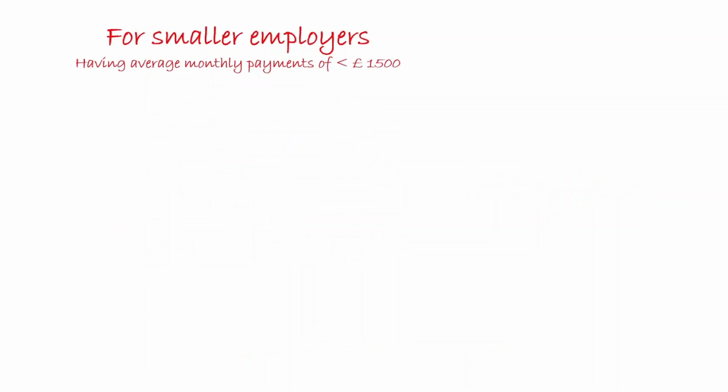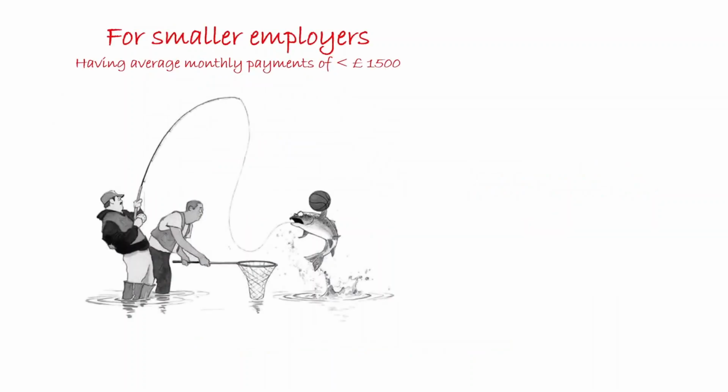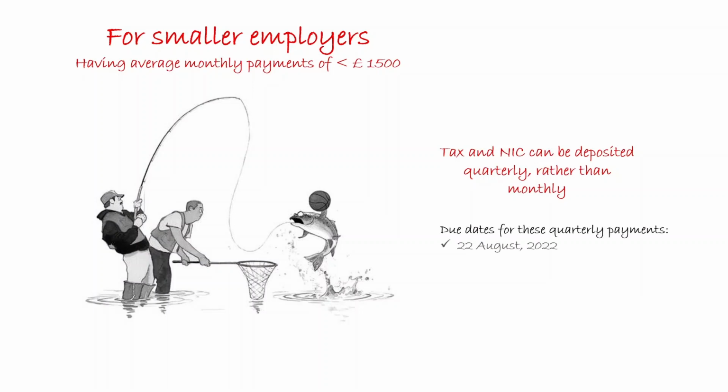Also, employers having average monthly payments of less than £1,500 can make quarterly payments rather than monthly payments. These quarterly payments are due by 22nd August, 22nd November, 22nd February, and 22nd May 2023.